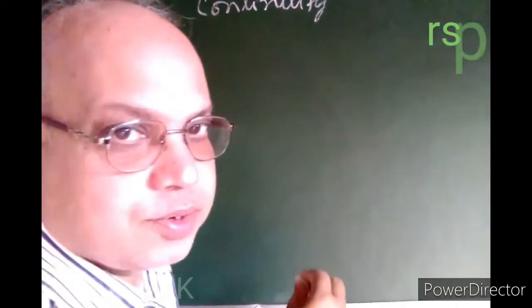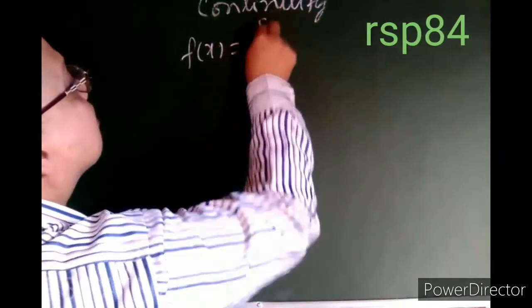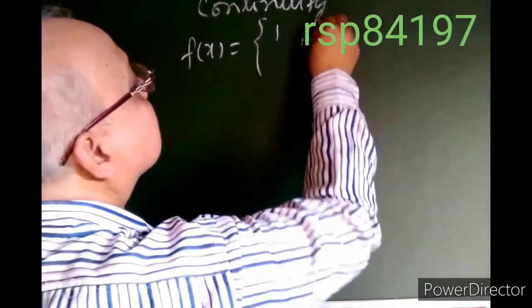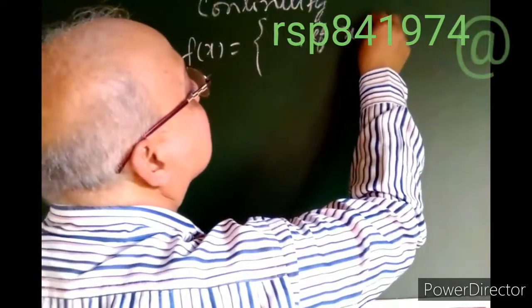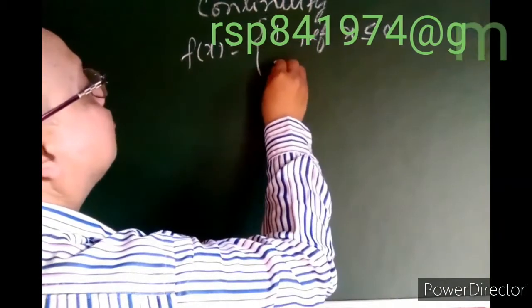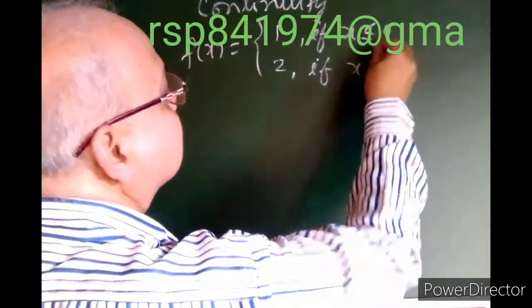Let us understand by a question. The question is like this: f(x) is 1 if x is less than or equal to 0, and f(x) is 2 if x is greater than 0.